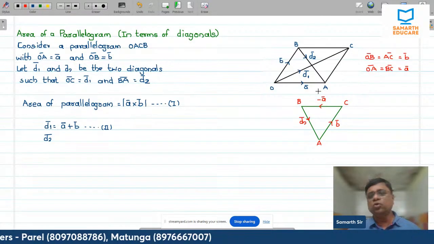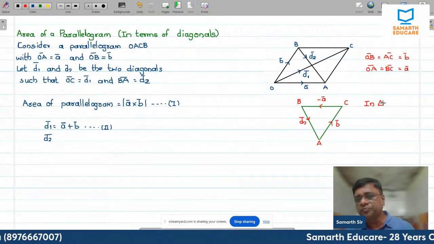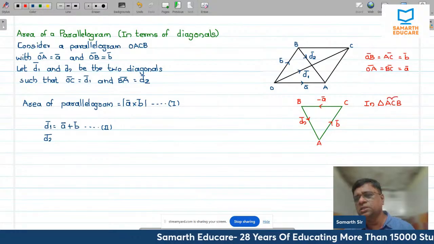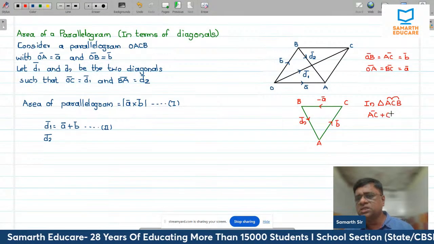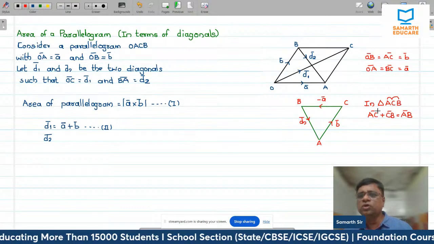Now according to triangle law of addition, in triangle ACB, see the movement ACB, so it will be AC bar plus CB bar is equal to AB bar according to triangle law of addition.